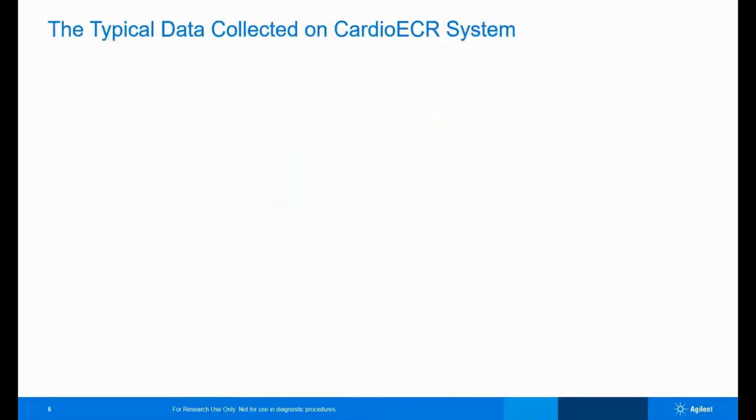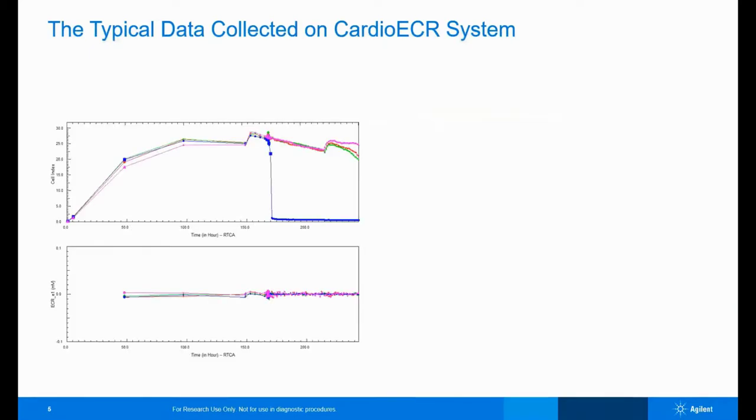Here I want to show you the typical data collected from the CardioECR system. First, we get this time course of impedance readout and field potential readout. The time scale here could be a couple of hours or 100 hours, so we call this low time resolution data of the CardioECR system.